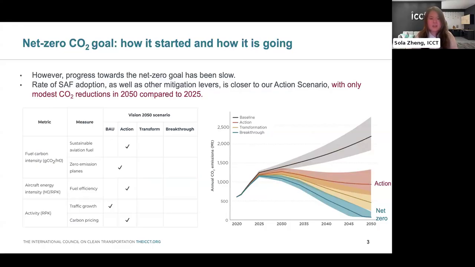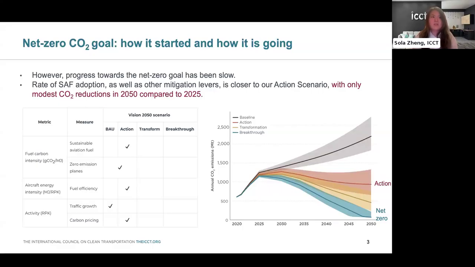And our conclusion is that for all of the mitigation levers, it's on track to our action scenario, which is the red line in the graph. And then you will notice that there's barely any CO2 reductions in 2050 compared to 2025 in that particular scenario. So even though it's a great improvement from business as usual, there's a long way to go to reach the net zero pathway that's in blue in the graph.